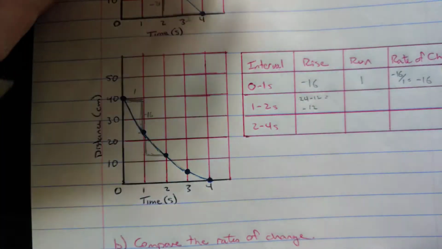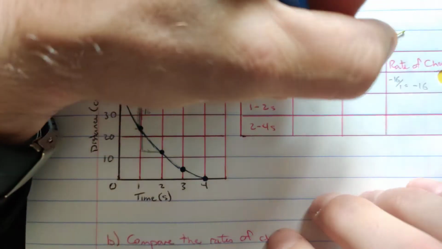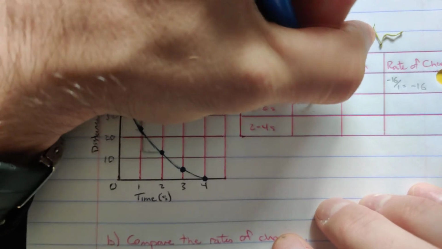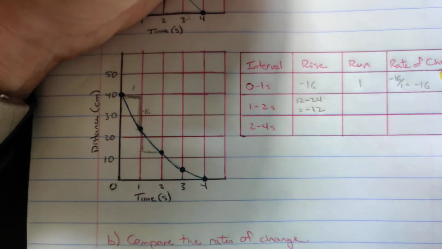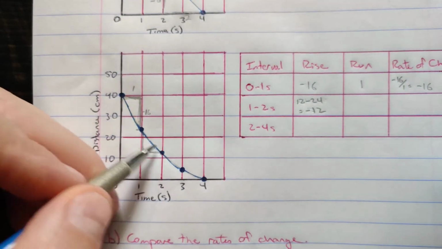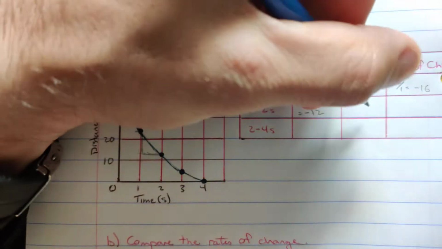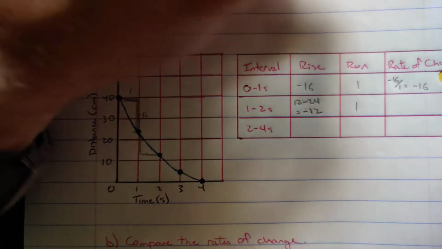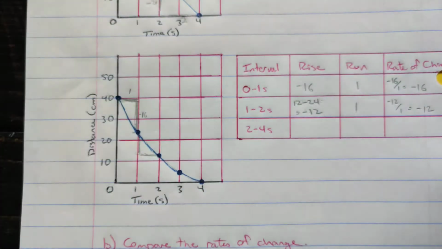So negative 12 is going to be our rise here. I'm going to write that differently. I'm going to take the second value, the 12, and subtract 24. So then we get negative 12 as our answer, which is what we need. We need to be decreasing. We take the second value, subtract the first value. That was my mistake in showing that. And that gives us a run of 1. So our rate of change is going to be negative 12.